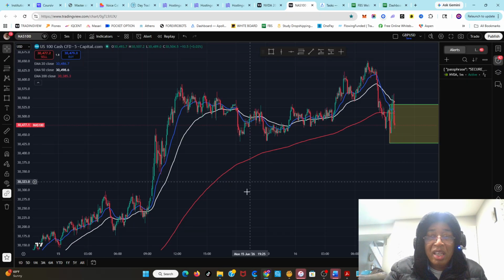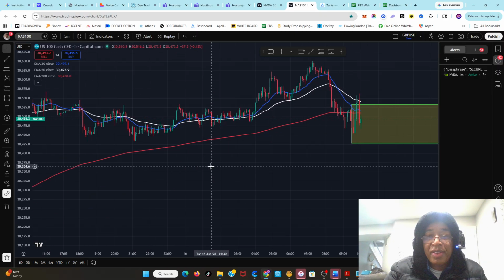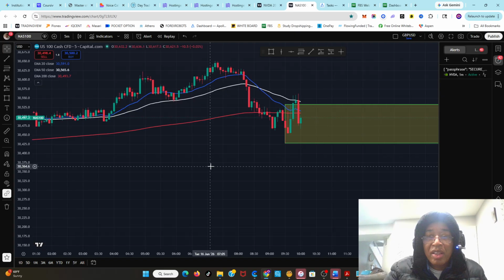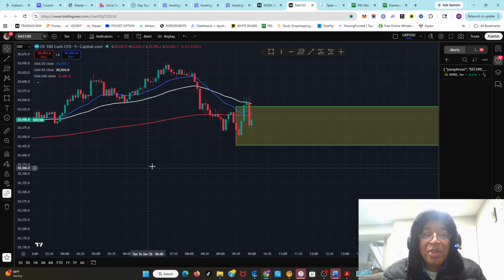They could be looking for things like this here. They could be eyeing this liquidity here, possibility of this here. So that's what's happening right now on the Nasdaq.